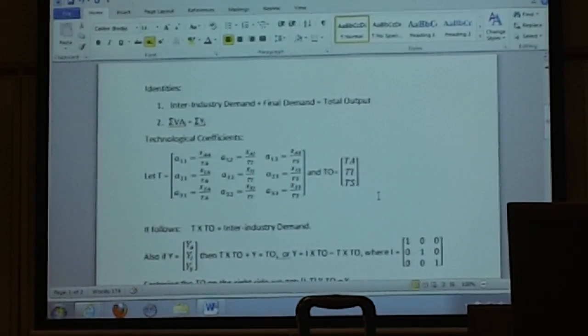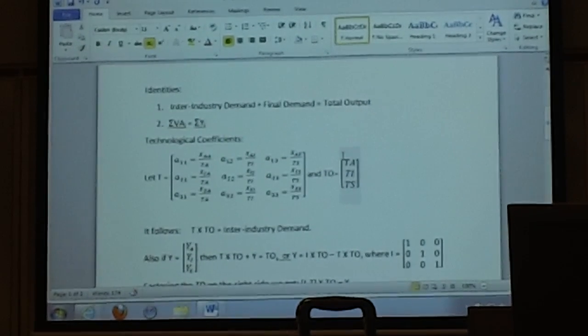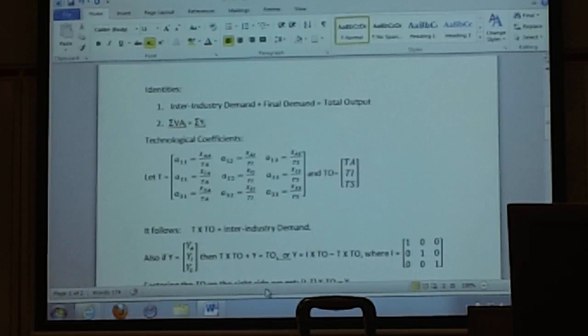And then we get the total output, and we can put this in a vector, TA, TI, TA. And final demand, we can put in this vector, GDP.